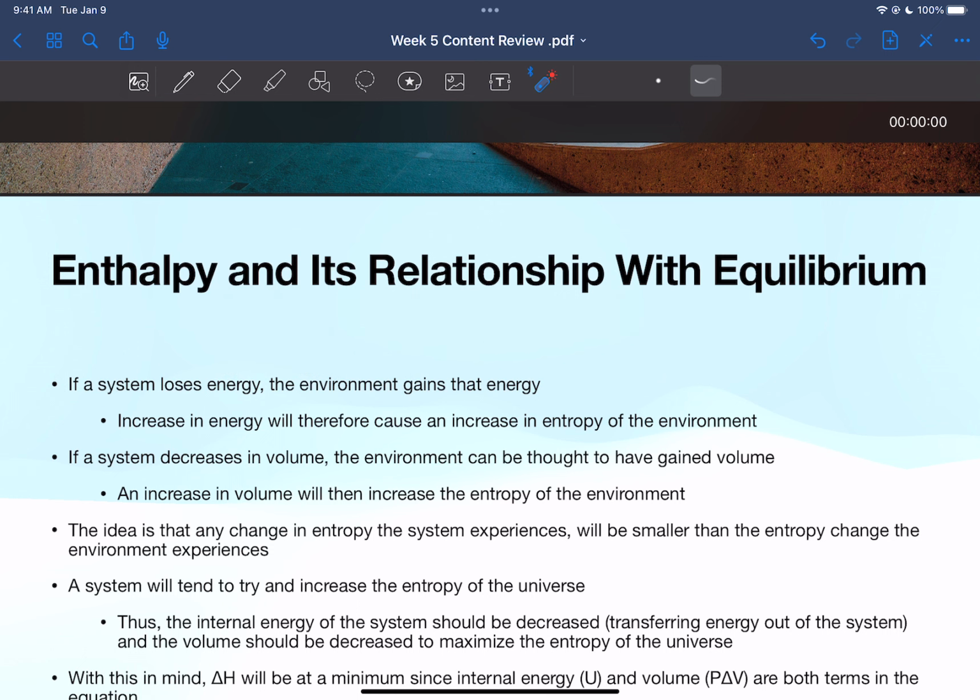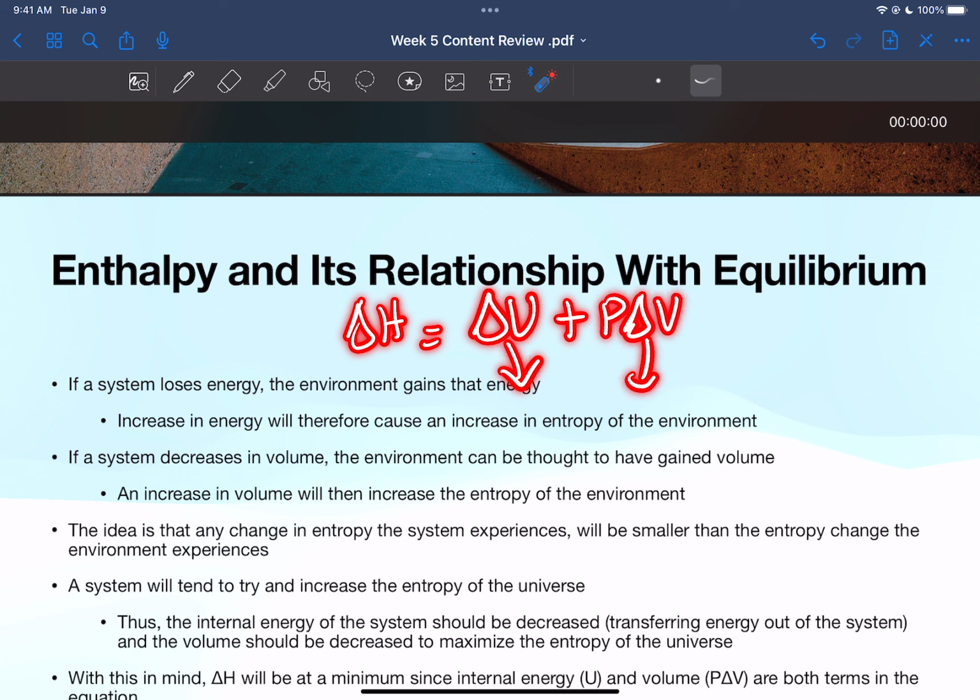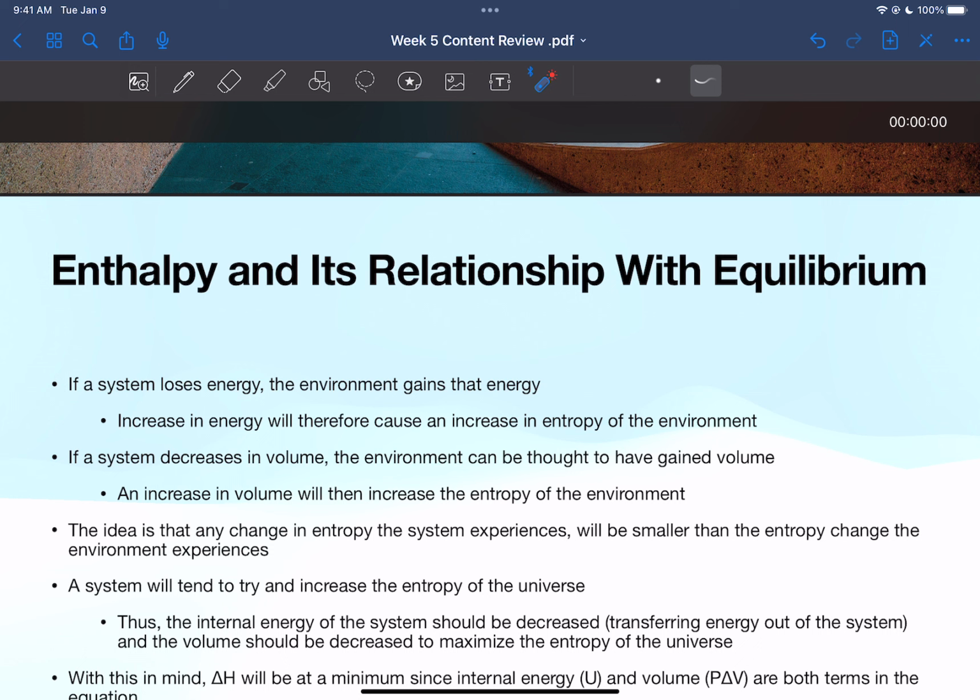So, with the volume of the system being down, and with the energy of the system being down, then delta H, with the equation being delta U plus P delta V, if both of these are decreasing, then delta H is at a minimum, because as we try to increase that entropy more, we're going to decrease that energy and volume even more, right? The more we decrease the volume and the internal energy of the system, the more we increase the entropy of the environment.